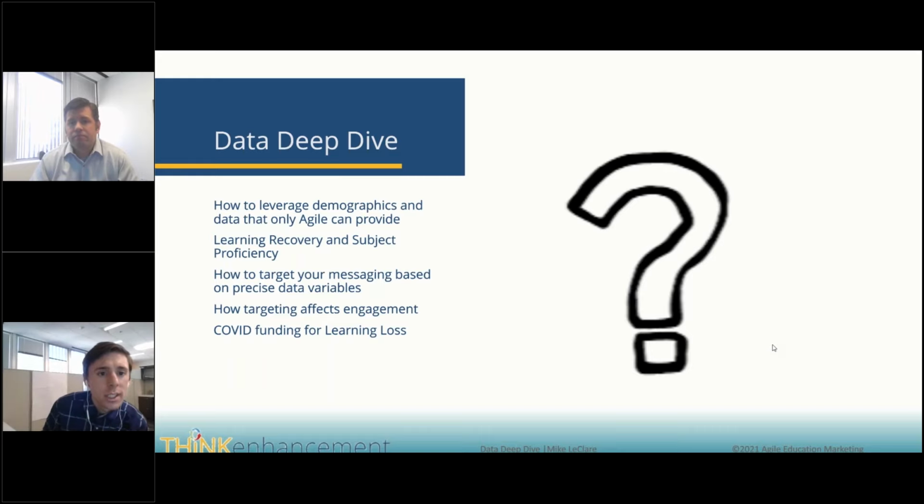Another question: does ESSER funding go to districts, directly to schools, or to the state? It goes to the state. Then the state makes sure the districts can get the money, and the districts distribute accordingly. So the districts and the state have a lot of say in that. And that's where we represent the data on the Agile side.